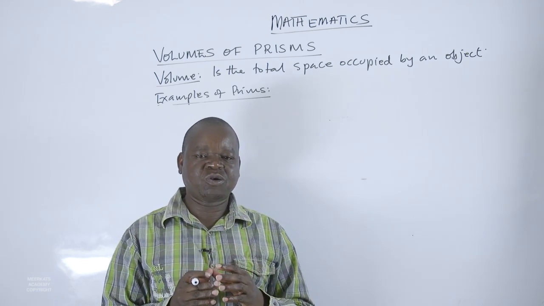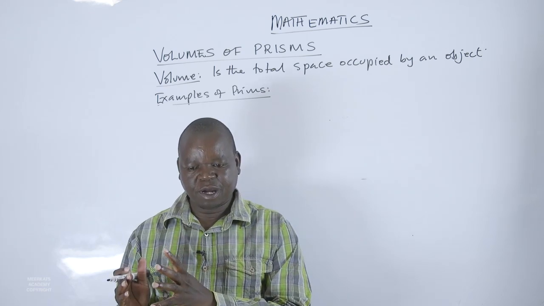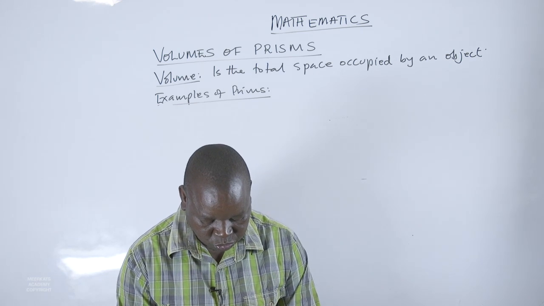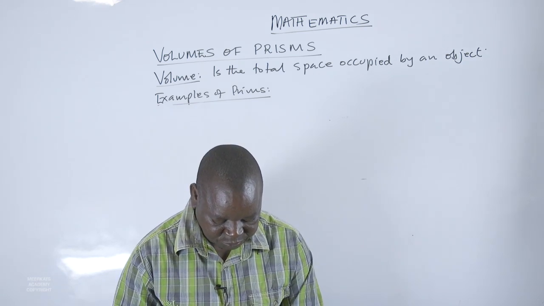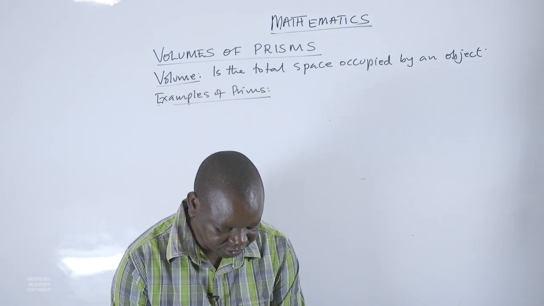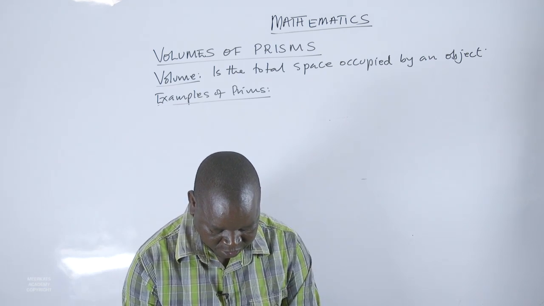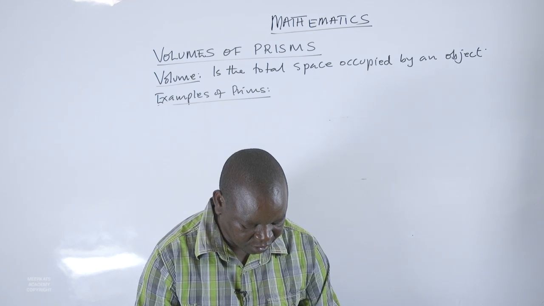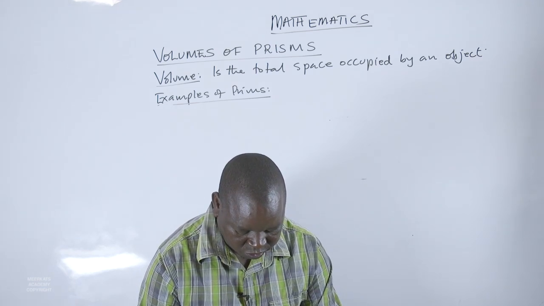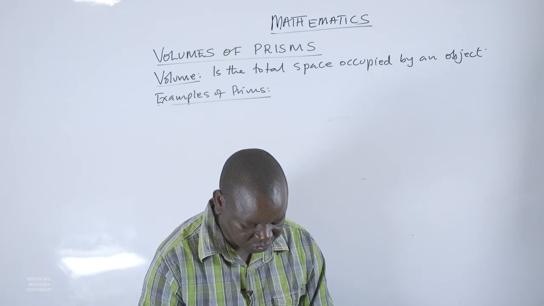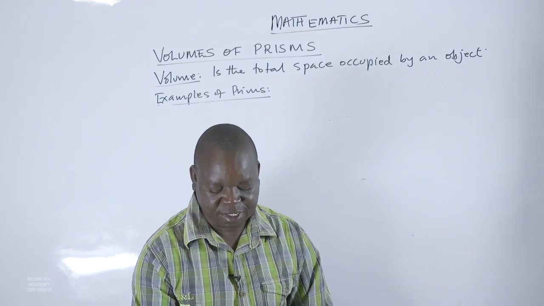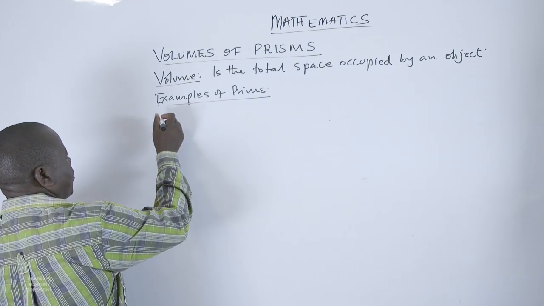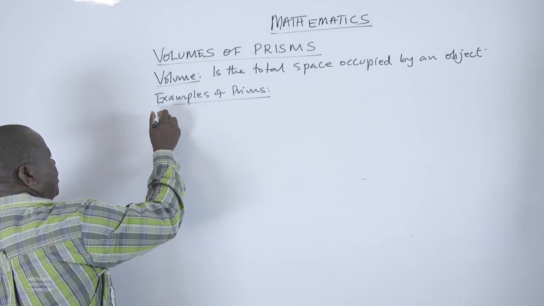But remember, this is a cone, it is removed from a particular cylinder. So we are able to calculate base area times height to give us the volume of any particular object we have in life. So let's look at exercises on various prisms.